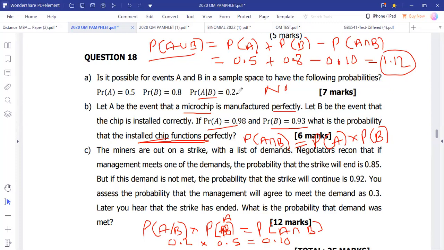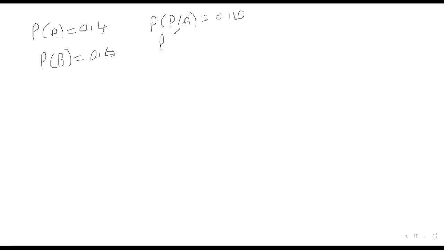Lastly, there is what we call probability trees. You'd be given the probability of A at 0.4, probability of B at 0.6, and the probability of D given A is 0.1, and the probability of D given B is 0.04.